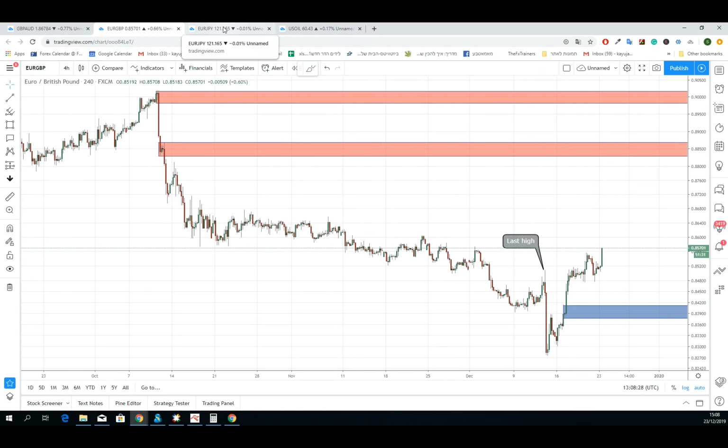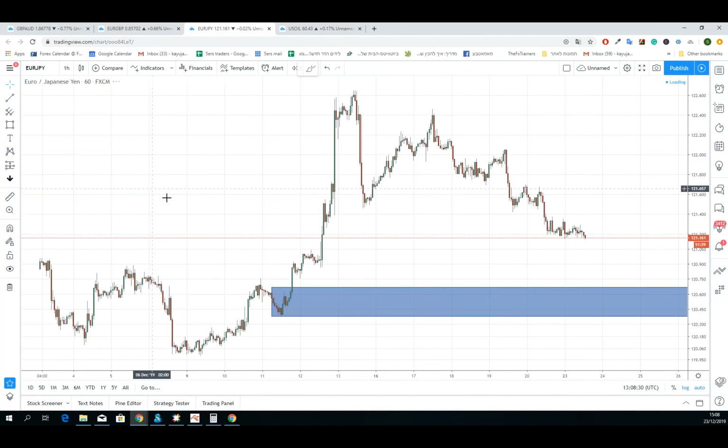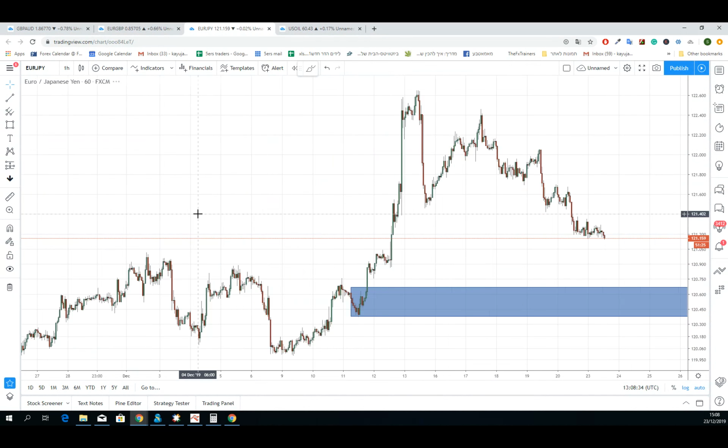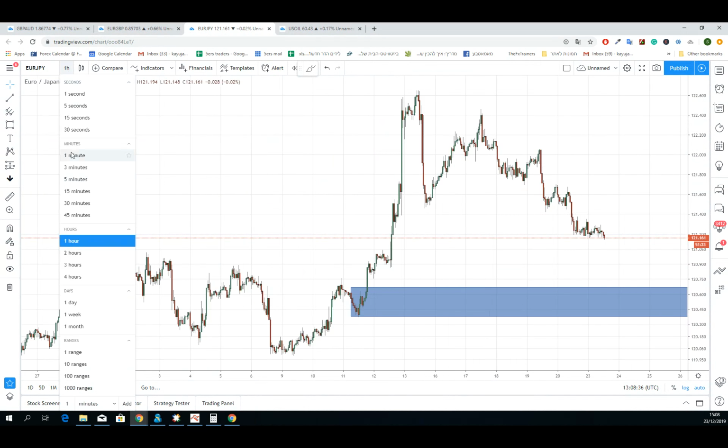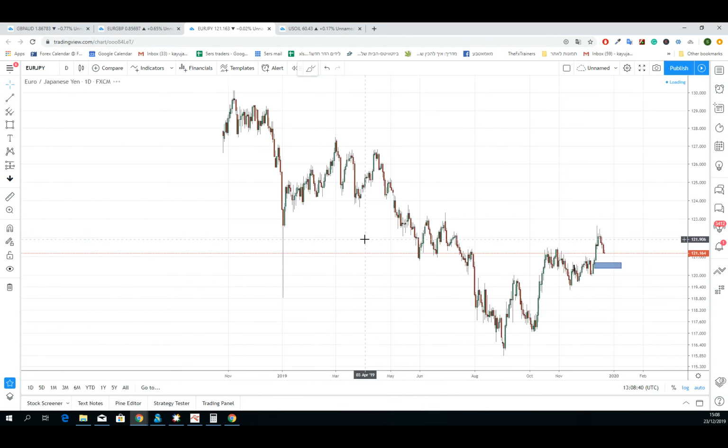The next pair that I will analyze is the euro yen. First of all, I'll go to the higher time frame to see the wide picture. This is the daily chart.